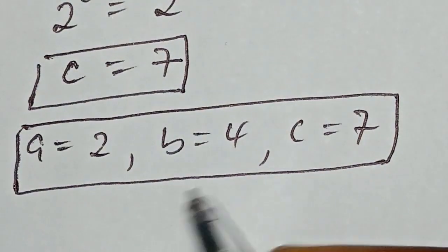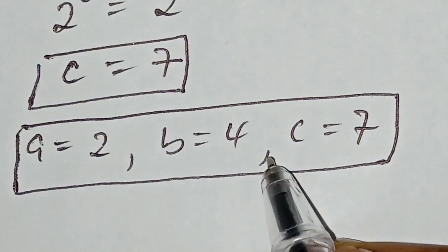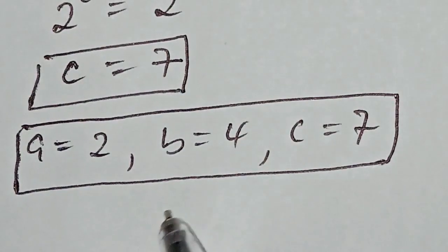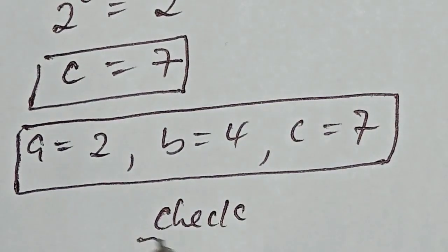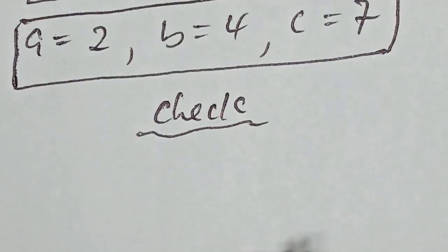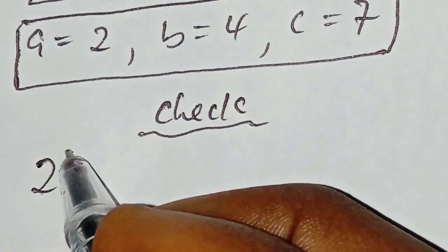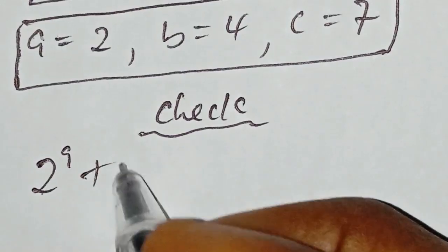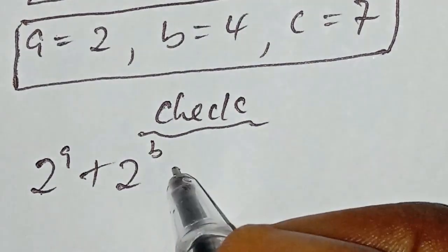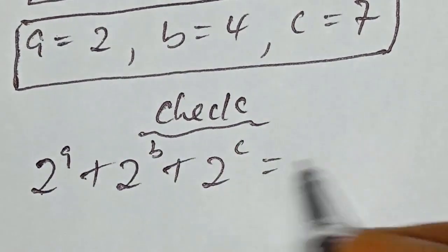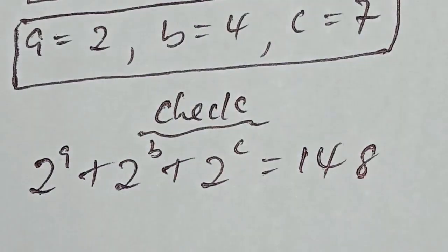So let's check if this value is correct. From our question, we have 2 to the power of a plus 2 to the power of b plus 2 to the power of c equal to 148.